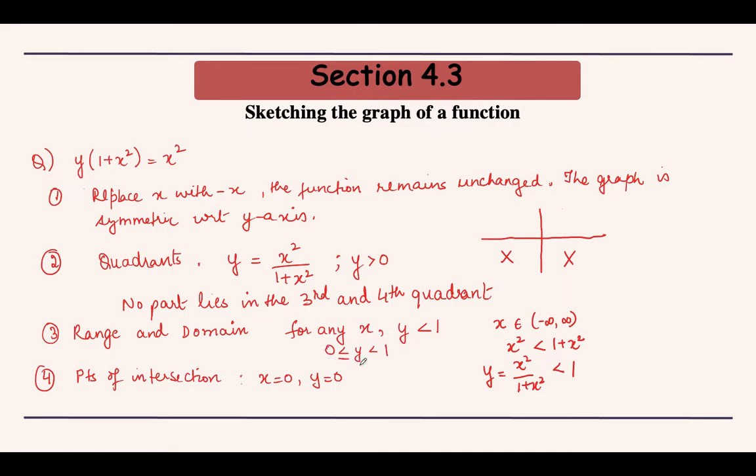So if y is only between 0 and 1, we can make another rough sketch that our graph is going to lie between only the value of y at 0, and say if I mark 1 here, then my graph is going to lie completely in this portion. No part will lie beyond this portion, because y has a restriction, it cannot exceed 1. It can also not be equal to 1, because this ratio can never become equal to 1.